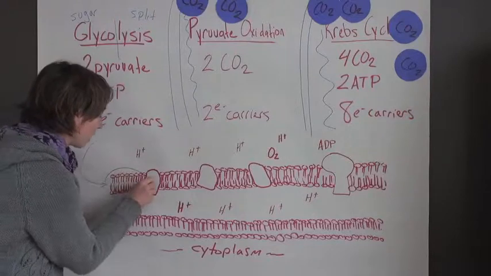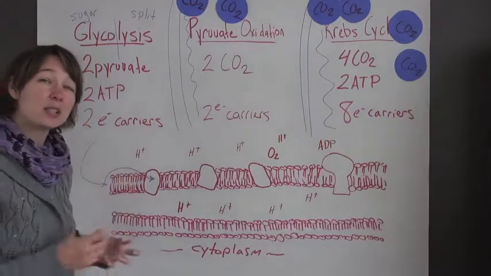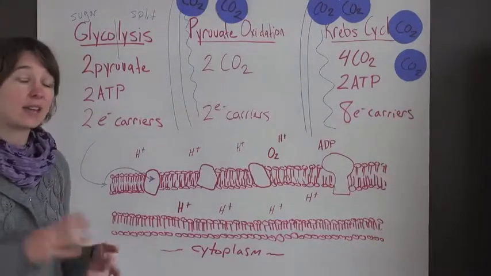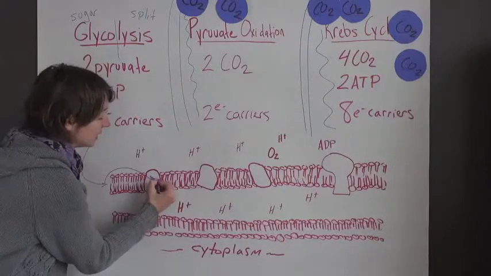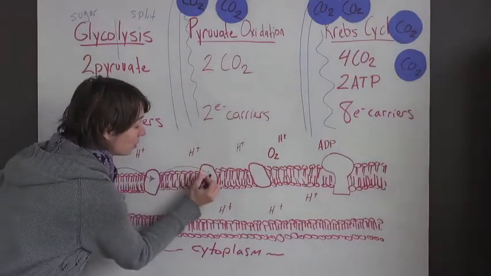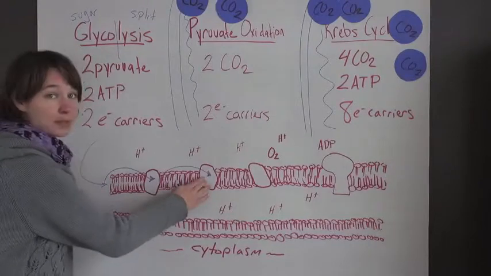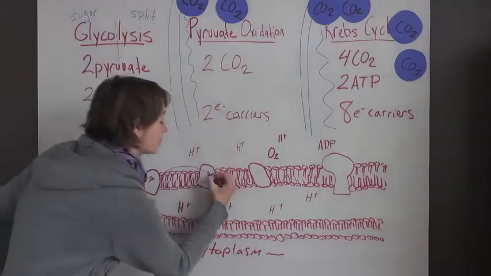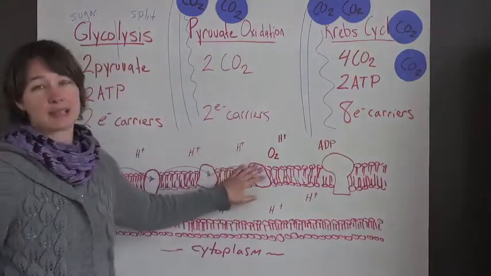So the electron gets passed to a molecule that's just a little bit more electronegative than NADH or FADH2. But then this molecule is next to another molecule that's a little bit more electronegative. So it accepts the next electron. And then this one is even more electronegative, so it accepts the electron.